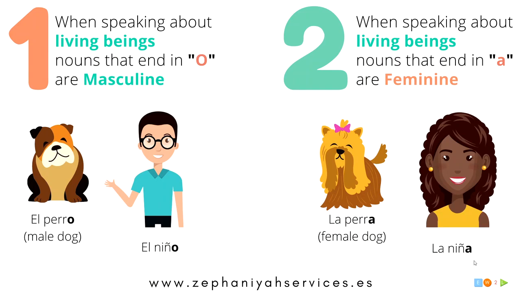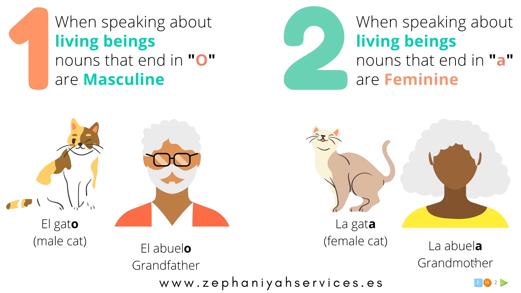Por ejemplo, la perra, la niña. More examples: living nouns that end in O are masculine, so we use el gato, el abuelo. And living beings with nouns that end in A are feminine, la gata, la abuela.